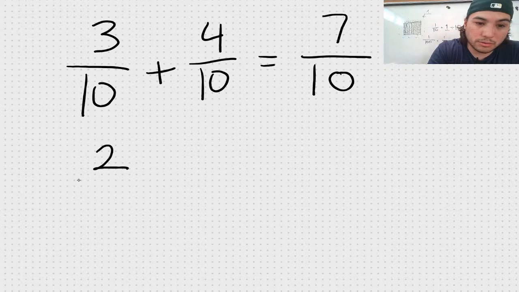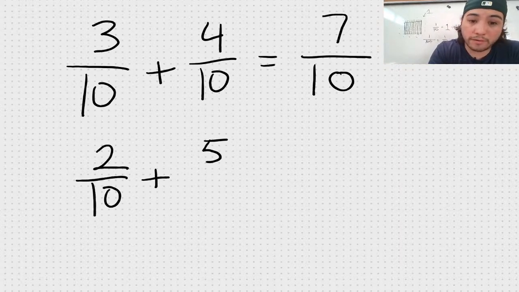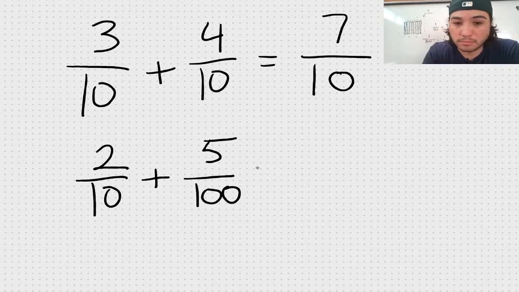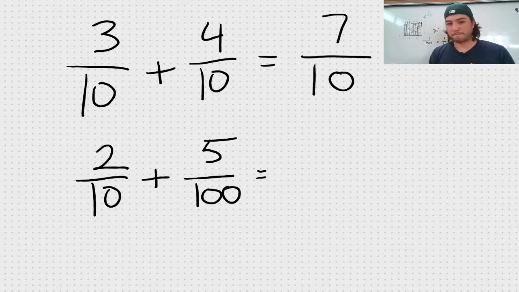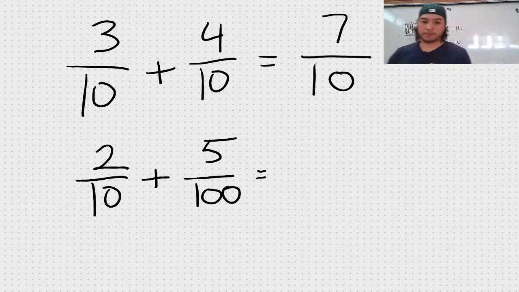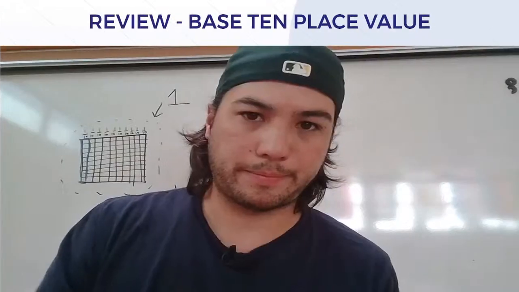What if the denominators are different? Let's do 2/10 plus 5/100ths. Two tenths plus 5/100ths equals what? Tell you what, let's go back to our model up here for this, because I think that'll be useful.